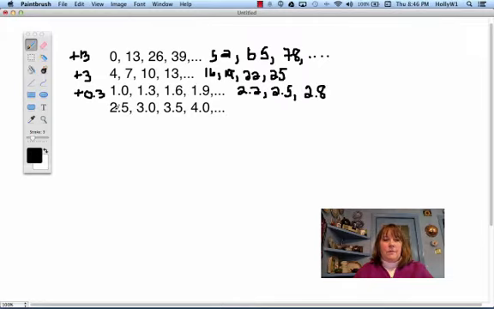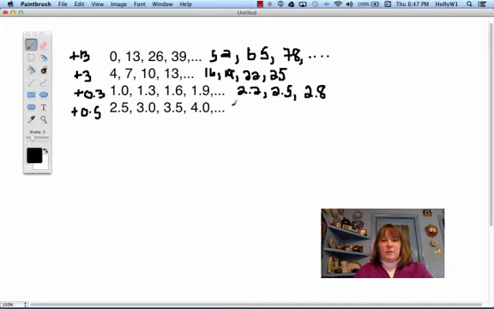And then this one, to go from 2 and 5 tenths to 3 and 5 tenths to 4, we're adding 5 tenths to each of the terms.